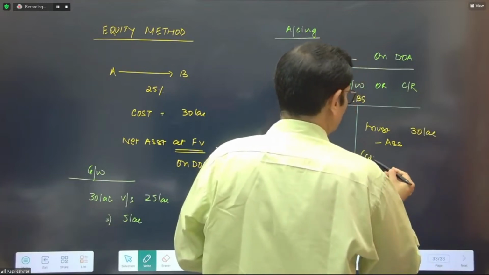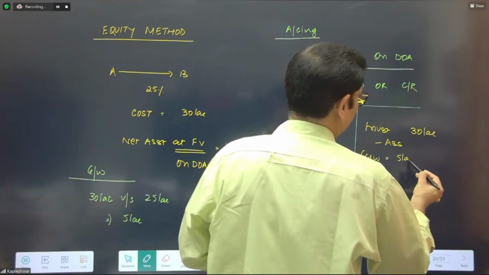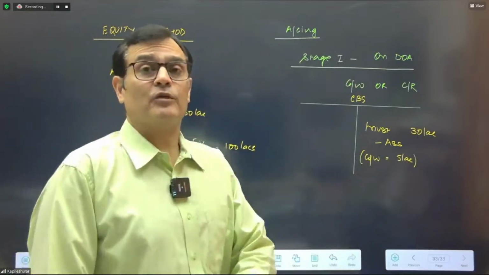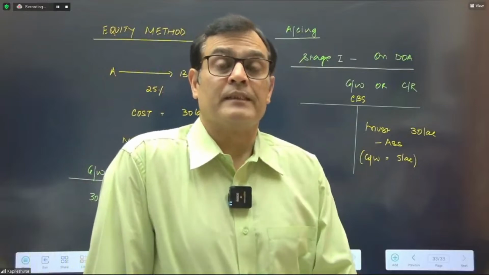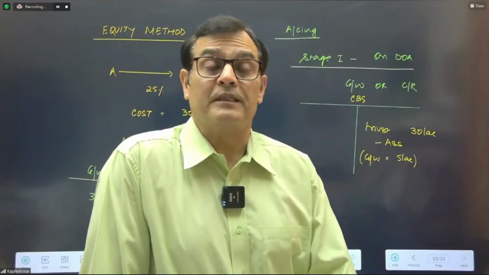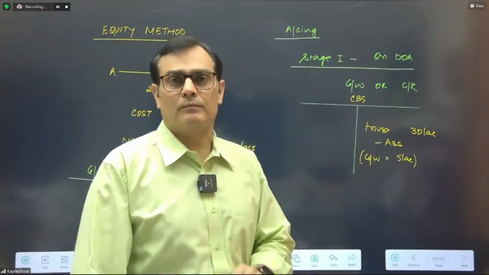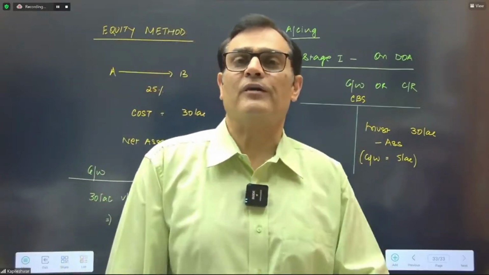And this goodwill computed is going to be reflected as a disclosure in the inner column. The carrying value of the investment would appear at 30 lakhs itself, but I will disclose in the inner column that there is a goodwill to the extent of 5 lakhs.